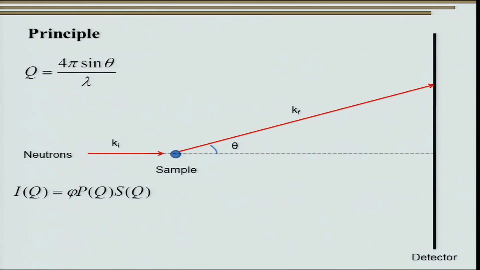The overall intensity that we got on the detector involves phi, the distribution of particles, and P(q), the form factor. This contribution comes from all the atoms that constitute our particle, and S(q) is the structure factor, which comes from the arrangement of these particles.